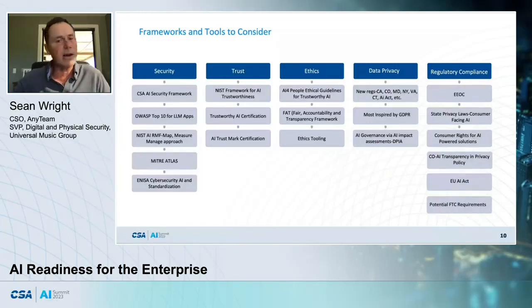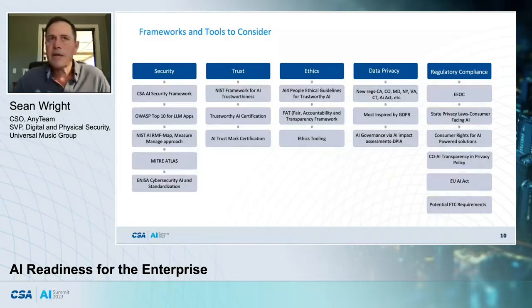Data privacy: a lot of new regulations, a lot of new laws. I'm sure a lot of you are seeing this, not just here in the States, but also internationally. Most of the laws that I've seen and read in depth, dozens of them, are primarily concerned with fairness, ethical bias, and data privacy.